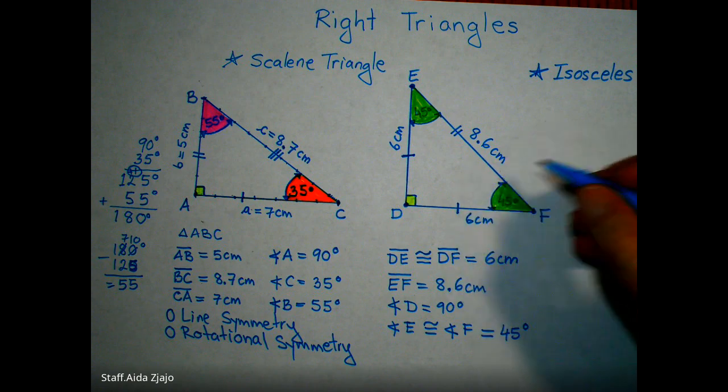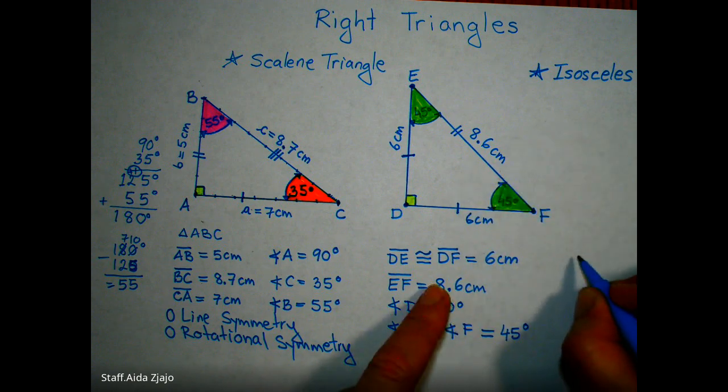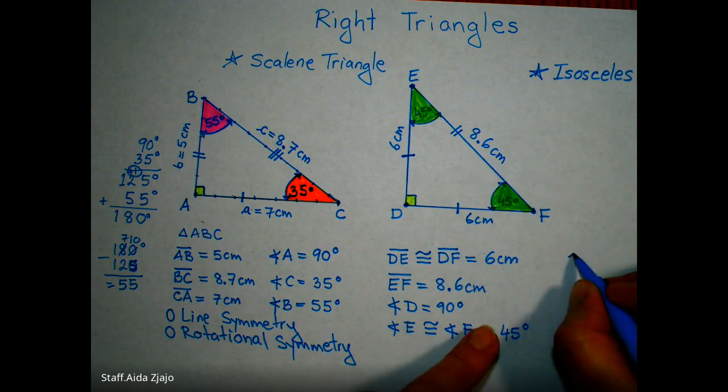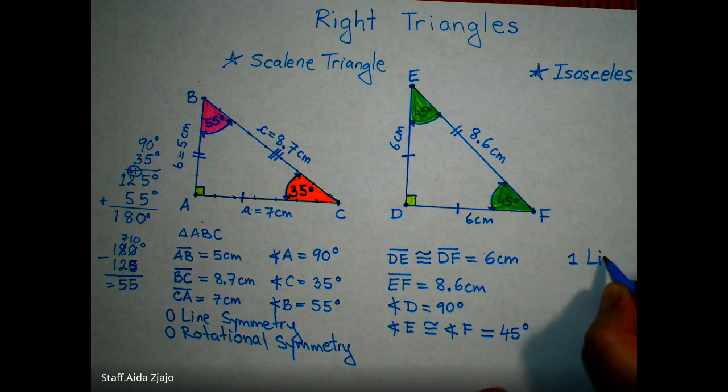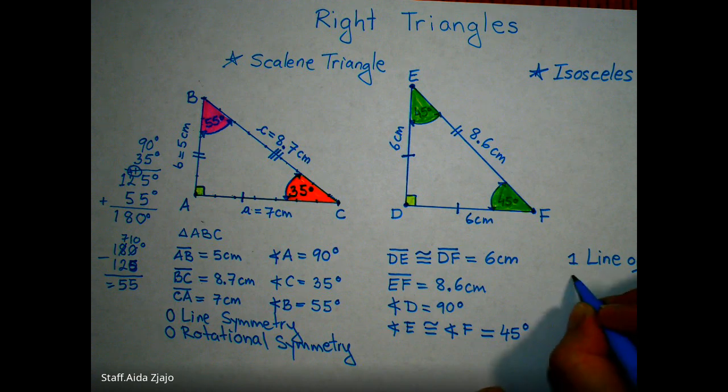So this triangle has one line symmetry and zero rotational symmetry.